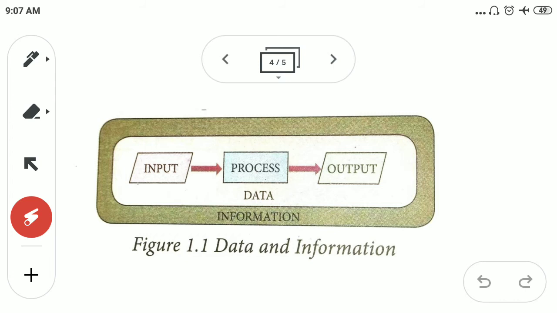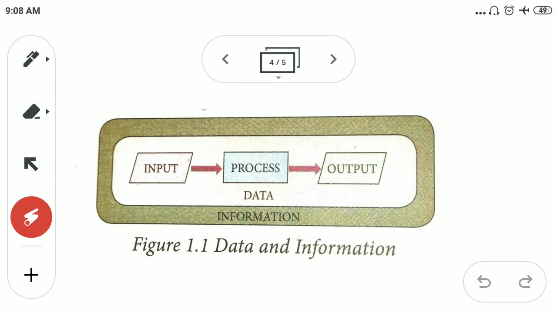It can be a person's name, or it can denote the temperature of some place, or a person's roll number, or a person's age. The raw number 36 is a raw fact, but 36 as the age of a person is the information. So this is the difference between data and information.